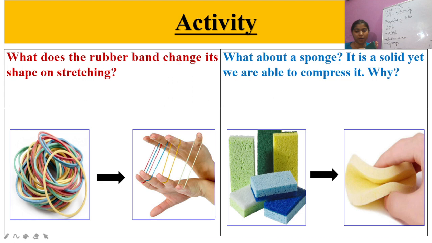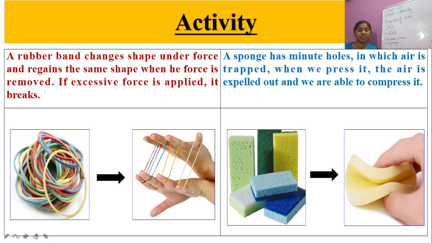Let's see why. Basically students, a rubber band changes its shape under some force. Let's see what kind of force. It regains its same shape when we remove the force. So this is at a state of rest. I have not applied any force.